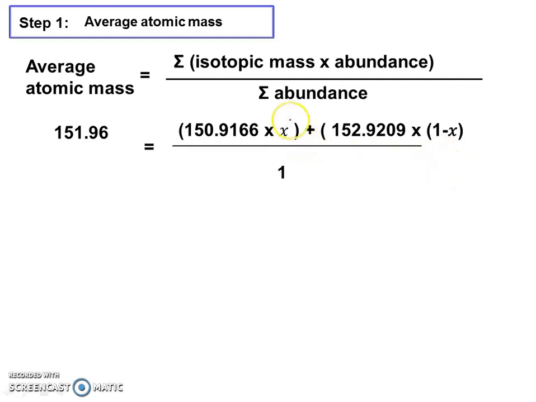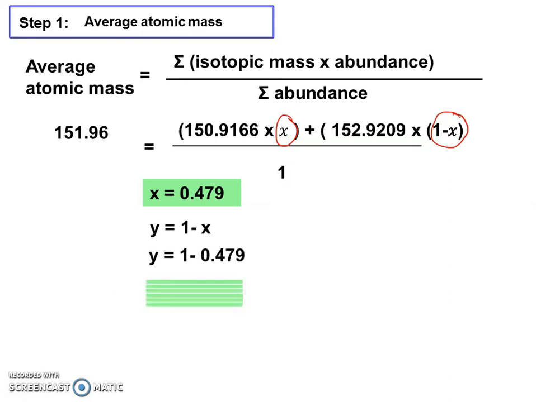So this is X, and this is 1 minus X. Now we solve the problem. X equals 0.479. Then I substitute in the formula Y equals 1 minus X. So Y equals 0.5521. Actually you can check whether X plus Y equals 1.